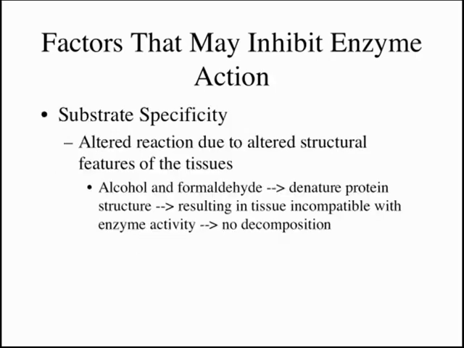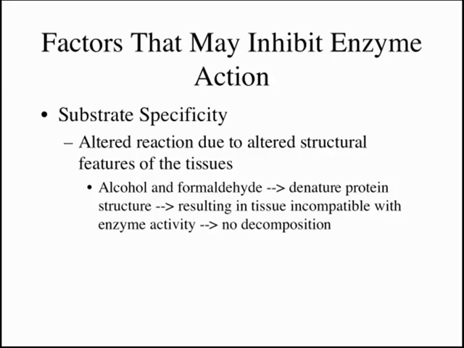There's something also called substrate specificity, and that's an altered reaction due to altered structural features of the tissues. Substances like alcohol and formaldehyde denature the protein structure. Remember, the enzymes want to eat protein, but the denaturing of protein results in tissue incompatible with enzyme activity. So there's no decomposition.